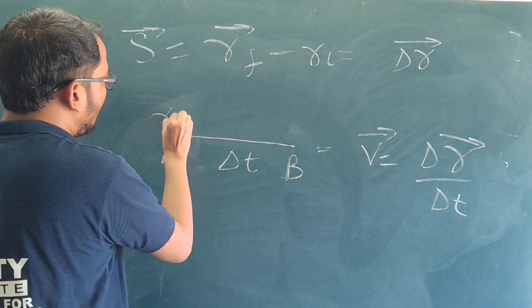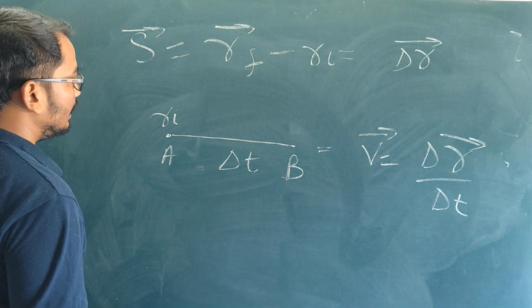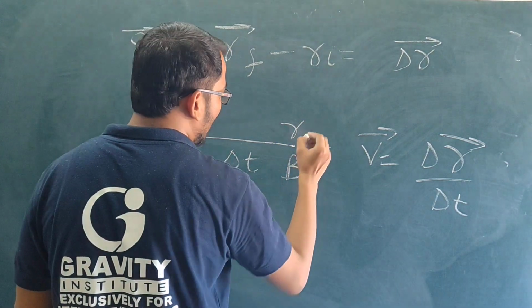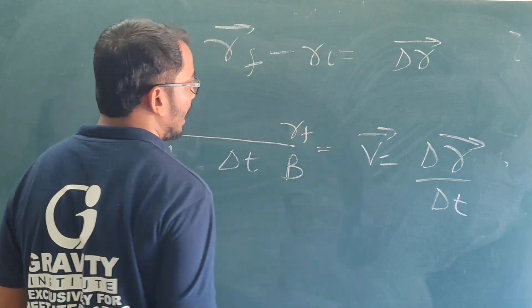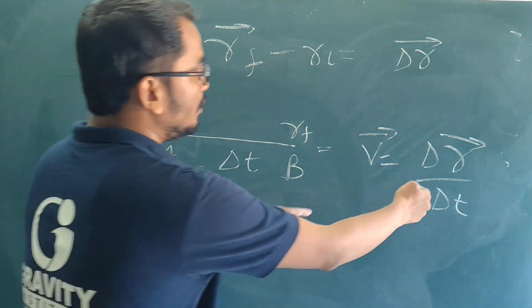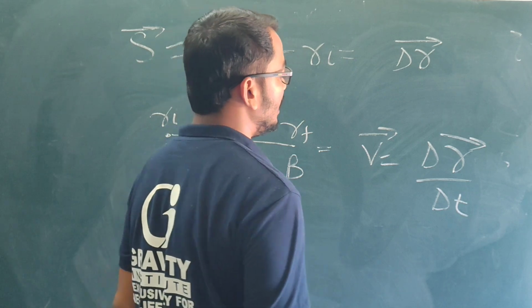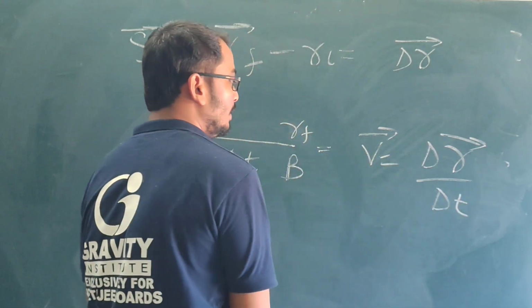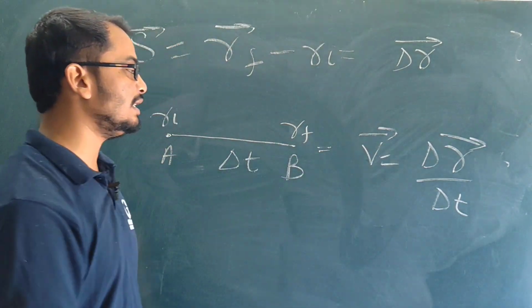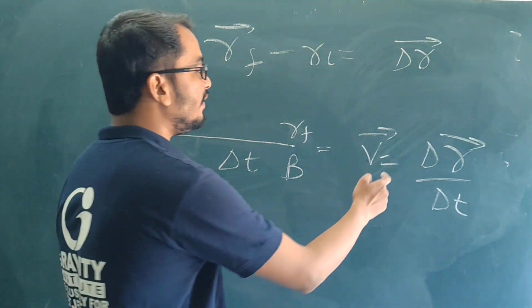The particle is initially at Ri, and after delta time, the particle is at Rf. So we have to divide displacement by delta time. It means that velocity is the rate of change of position. This is the average velocity.